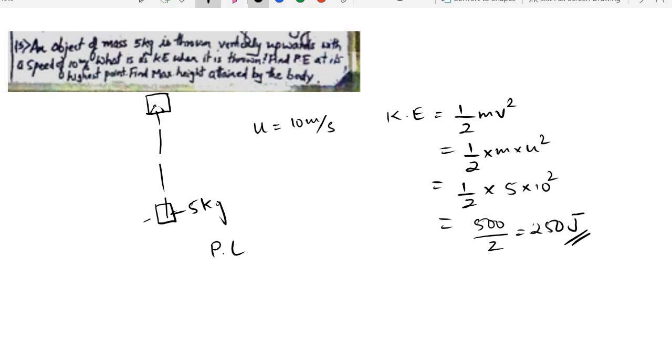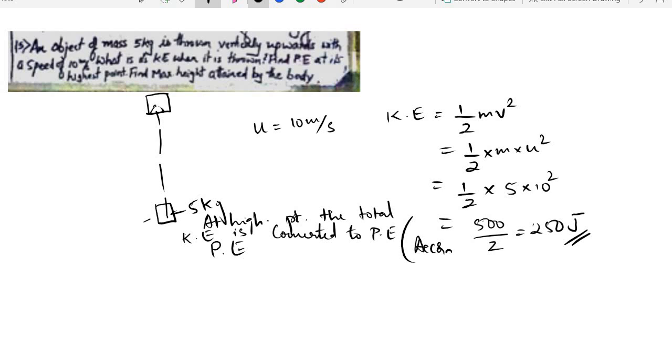Now, when it reaches the highest point, the total kinetic energy would be converted to potential energy. So you have to write that at highest point the total kinetic energy is converted to potential energy according to law of conservation of energy.